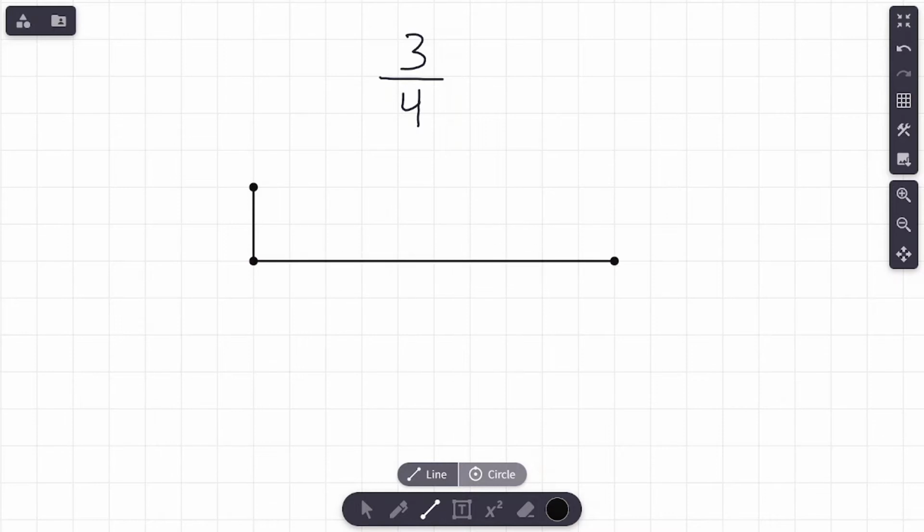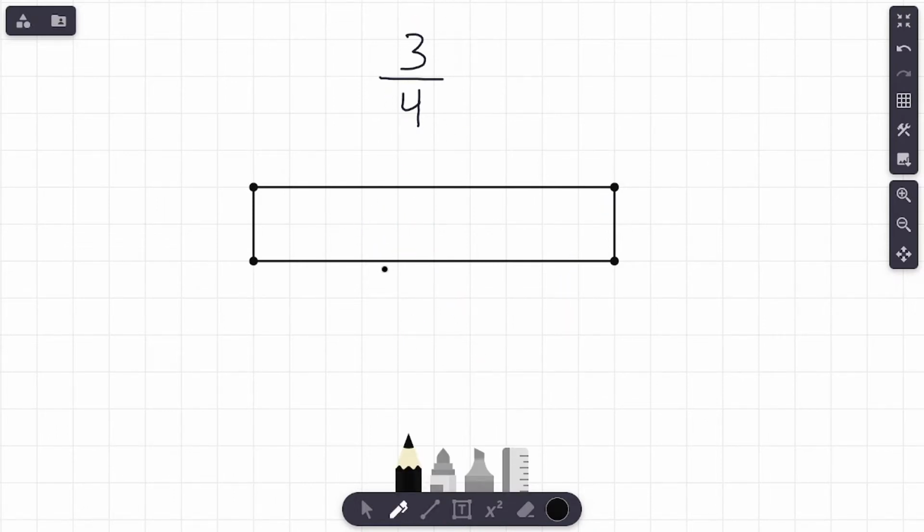It helps me to be able to see what I am doing. In this picture, I'm going to show this fraction 3/4 on our fraction model. So let me divide it into 4 equal sections. There's 1, 2, 3, and 4.